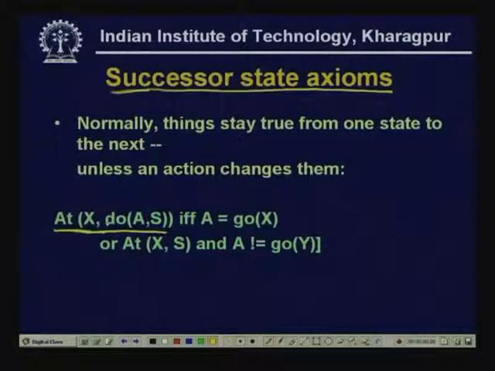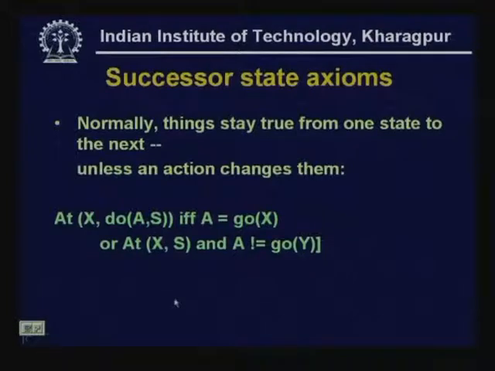If the agent is already at x and it does not execute a go action, then the agent will continue to be at x. Or if the agent does execute the go x action, then in the next situation it will be at x. Otherwise, the agent will not be at x.